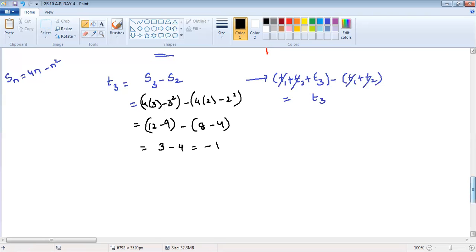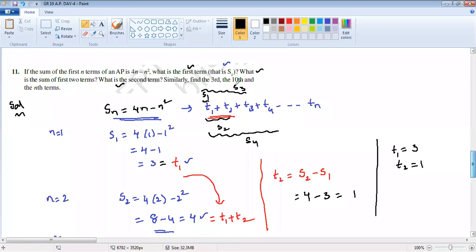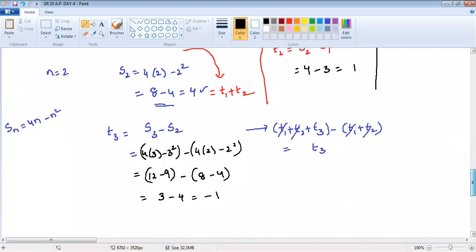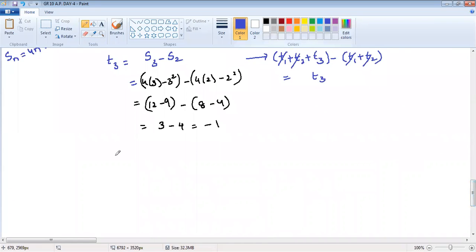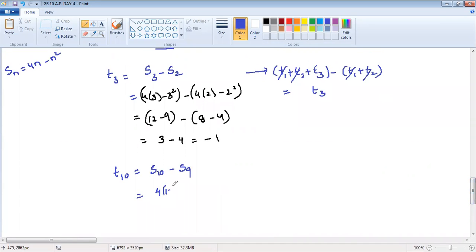Now, similarly, to find the 10th term, T10 stands for S10 minus S9. So write S10: 4 into 10 minus 10 square, minus 4 into 9 minus 9 square. 4 into 10 is 40 minus 100, minus 4 nines are 36 minus 81.